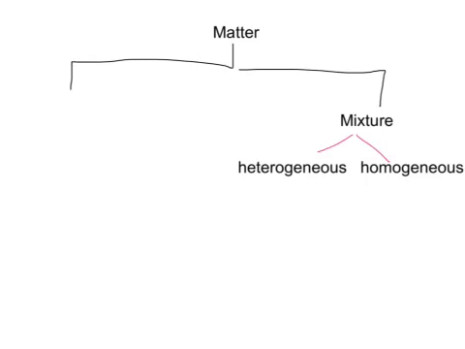Now, if you remember from our slide earlier, we also said there's another type of matter called a mixture. And if you see here, there's two types of mixtures. But what is a mixture? That's important to make sure you write down. A mixture is when you actually add together a bunch of different things and they don't bond together. So like for example, if I just threw in, I don't know, a paper clip with a binder clip, a pencil, all in a bowl, that's a mixture.